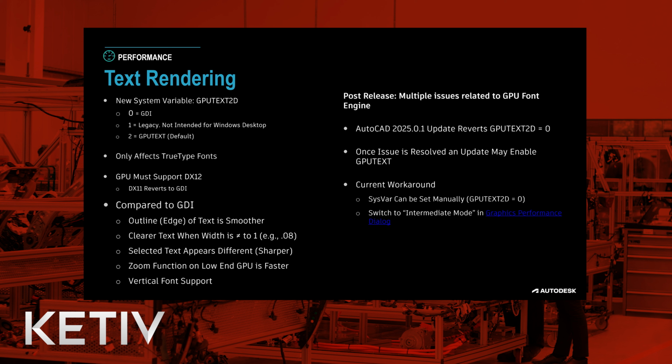I would encourage you, if you're just using regular TrueType fonts, to maybe check out the font rendering engine. I think you'll be pleased with the results of it. But if you do experience issues, then revert it back to the system variable setting of 0. You can also switch the graphics performance dialog to intermediate mode as opposed to toggling off that system variable. One thing about the system variable, whether you're setting it to 0 or 3, is that you will need to restart AutoCAD for it to take effect.